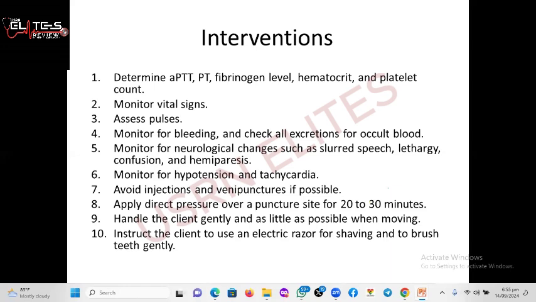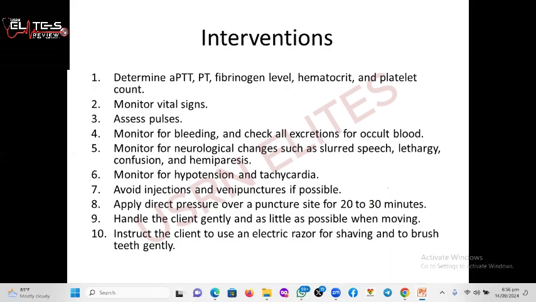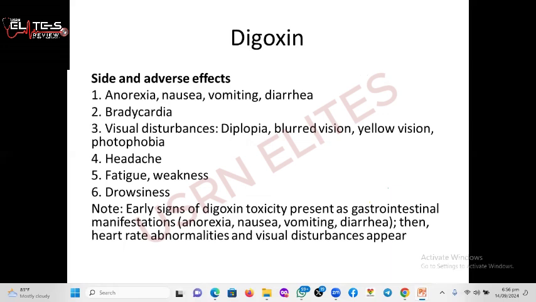And then you handle the clients gently, and prevent any form of unnecessary movement that could lead to bleeding. You use electric razors for shaving, and a soft brush for brushing the teeth. You don't use anything that can lead to bleeding. So you have to limit that. So that is on the thrombolytics.